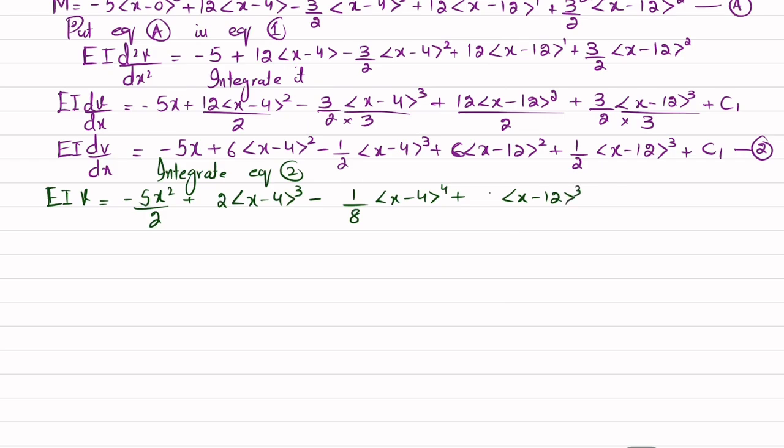So 6 divided by 3 is 2, plus x minus 12 whole power 4 divided by 4. So 1 over 2 multiplied by 4 is 1 over 8, plus C1x plus C2. And this is equation number 3. Now C1 and C2 are unknown constants of integration.